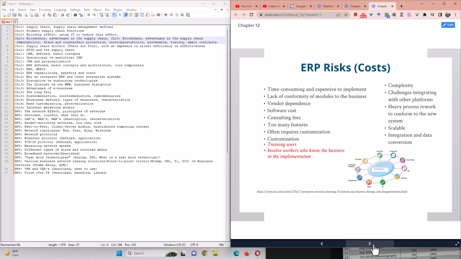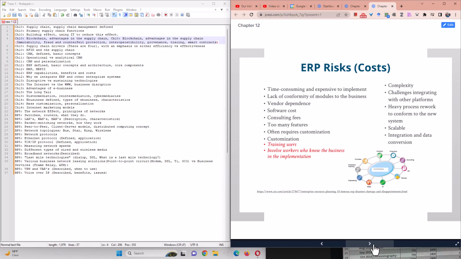There's always some key processes that the organization has that give them a competitive edge. And so sometimes you have to customize the software to work the way you want it to work.